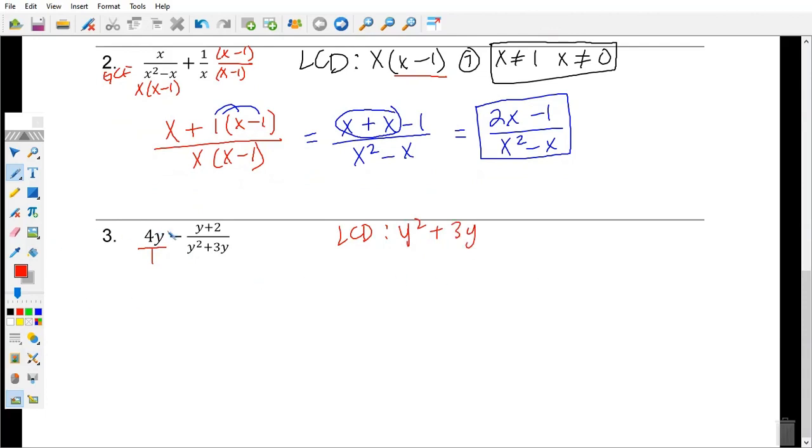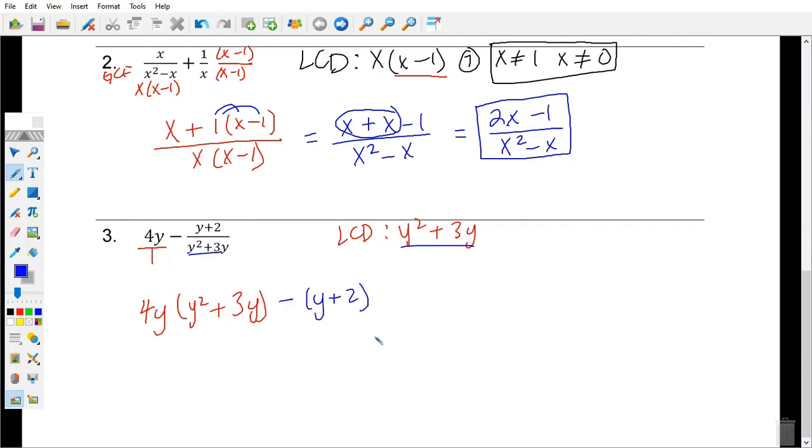Okay, so this fraction is missing y squared plus 3y, which means that I'm going to have to multiply the numerator times y squared plus 3y. Does that make sense? So we end up with 4y times y squared plus 3y. This one, I don't need to touch, right? The LCD is the denominator, so it's just going to be minus (y plus 2).